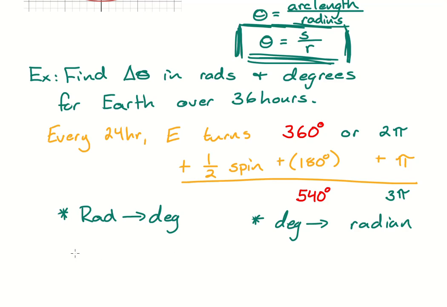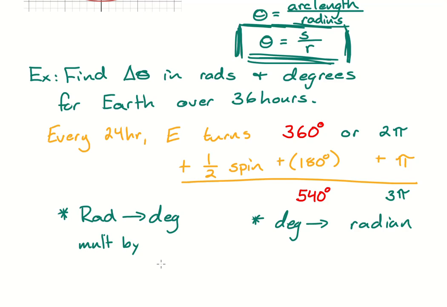If you want to go from radians to degrees, you're going to multiply by a clever choice of 1.